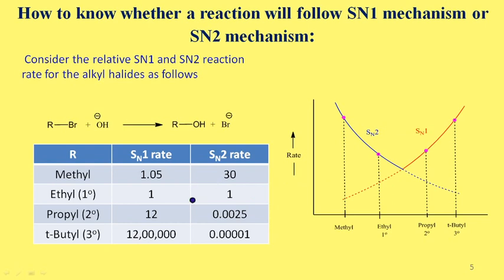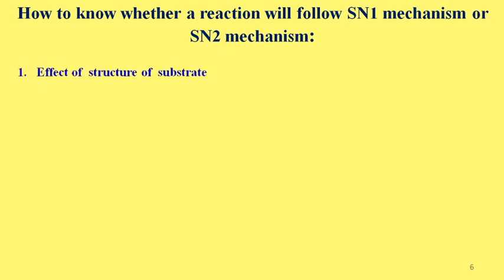Here low steric hindrance favors the SN2 mechanism, while more steric hindrance favors the SN1 mechanism for different reasons. In the SN2 mechanism, steric hindrance increases as crowding increases, and that's why the rate of SN2 decreases, while in the SN1 mechanism, the stability of the carbocation increases.